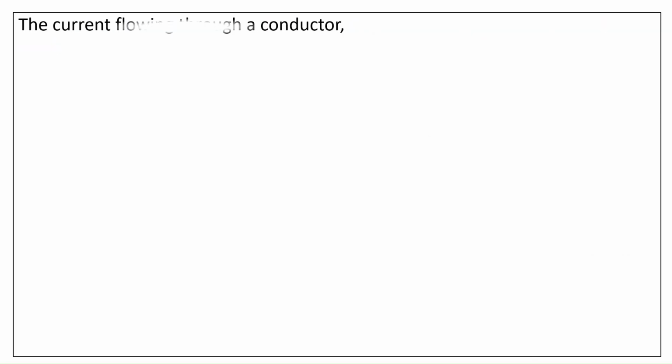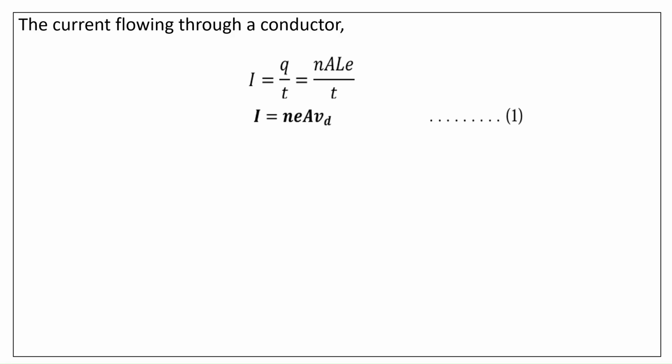Therefore, the current flowing through a conductor, I, is equal to Q by t. On substituting the Q value, we get I is equal to nALe by t. But L by t is equal to Vd. Therefore, the above equation is written as I is equal to neAVd.